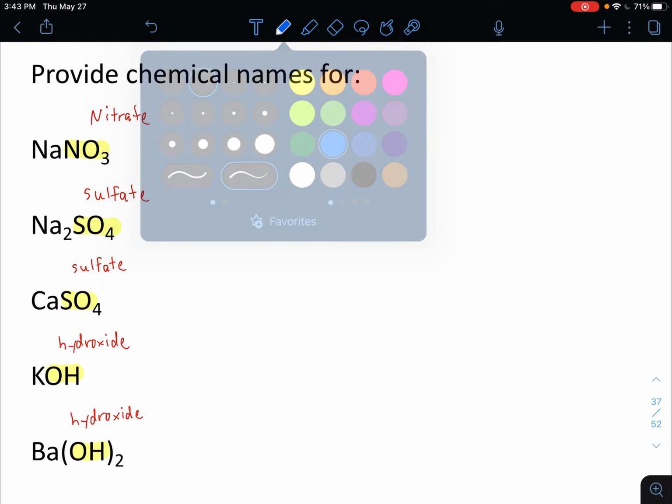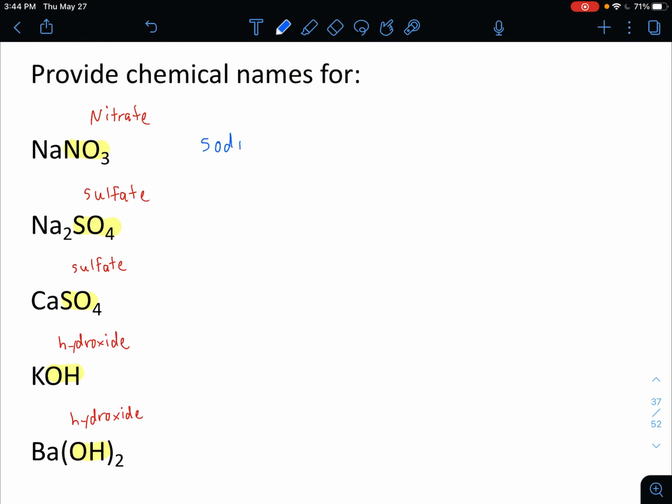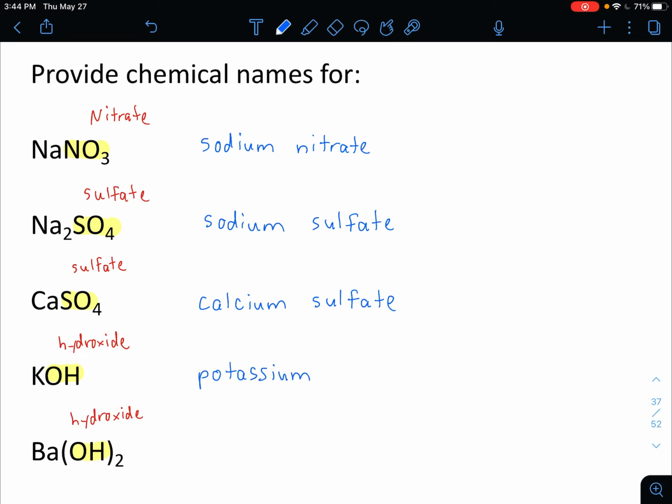So the naming is pretty straightforward here, right? It's just going to be the name of the cation: sodium nitrate, sodium sulfate, calcium sulfate, potassium hydroxide, and barium hydroxide.